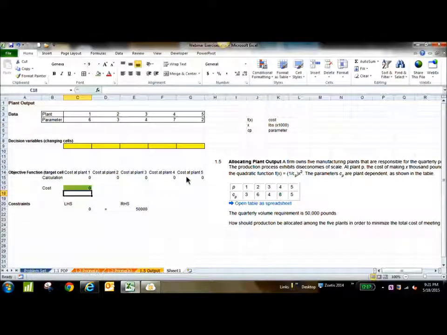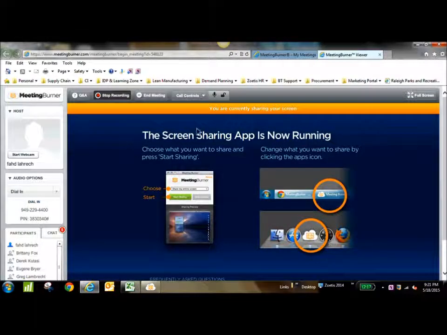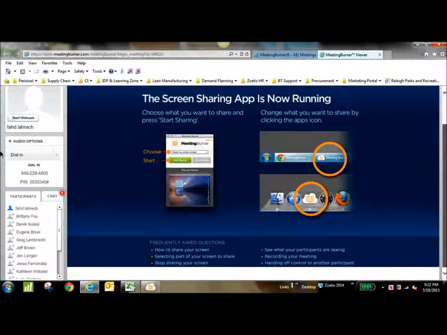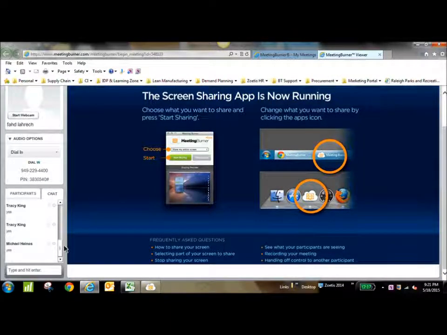Before we get into the Solver, I would like to open room for questions. So if you have any question, please either let me know through the chat room or let me know through the phone. So we'll see how that works. I'm going to be reading your chat room messages as you send them.